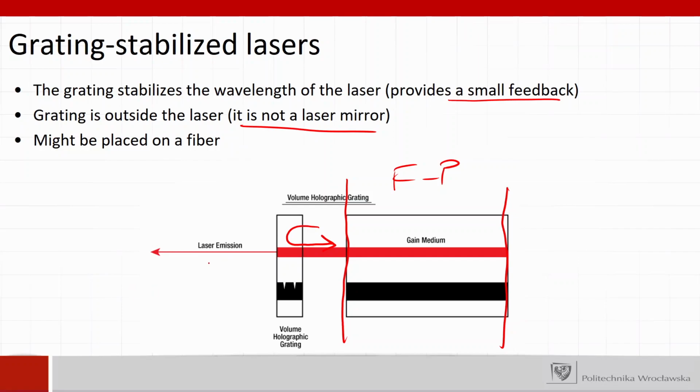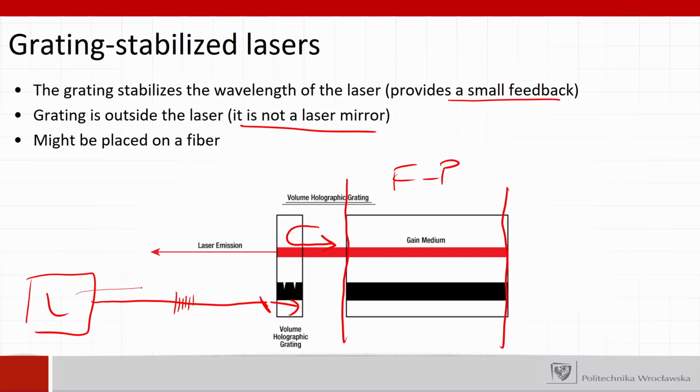And this is also a Bragg grating. This kind of grating can be placed on a fiber. So if we have a laser that is coupled with a fiber, we have the laser and we have a fiber, and here we have the output of the laser. This grating can be placed somewhere on this fiber because it's easy to fabricate gratings on fibers.